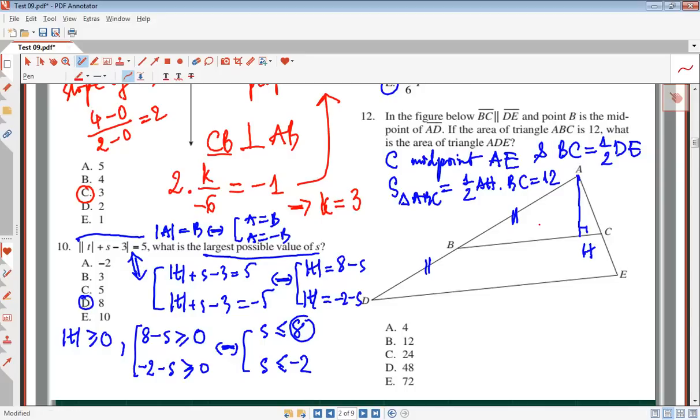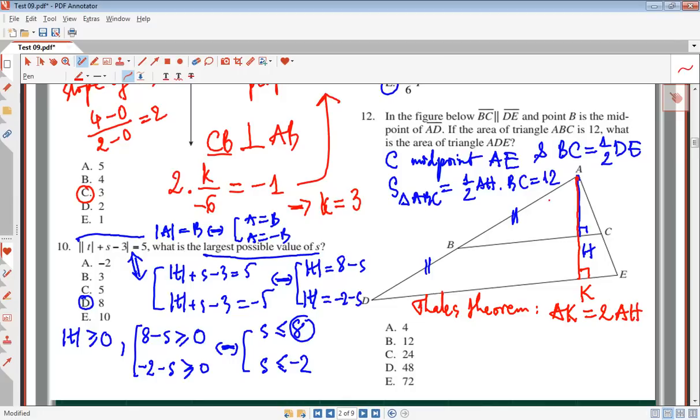We draw the height of triangle ADE from the point A. We also draw a line which is perpendicular to the segment DE, here at the point K. AK is the height of triangle ADE. Using Thales's theorem, we easily see that AK is twice AH.